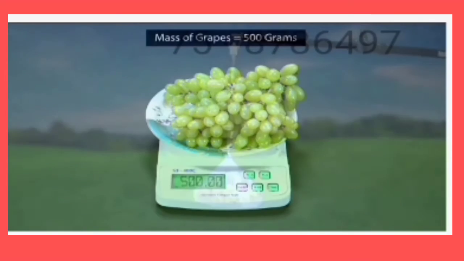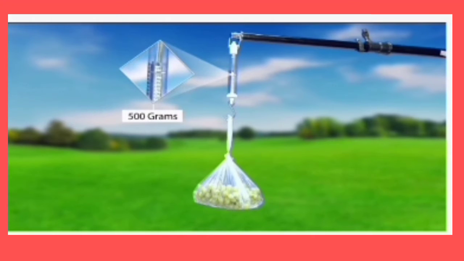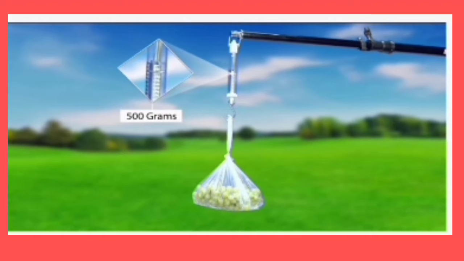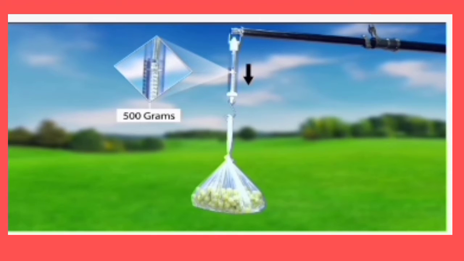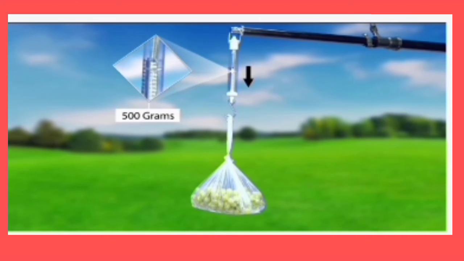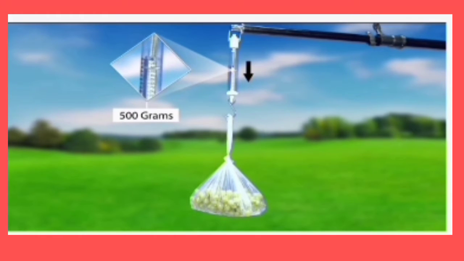On the other hand, if the bunch of grapes is suspended from a spring balance, it will give the reading of the weight. This is because the spring balance calculates the mass of the grapes in combination with the force of gravity on grapes. This downward pull of gravity on a certain mass is known as weight.